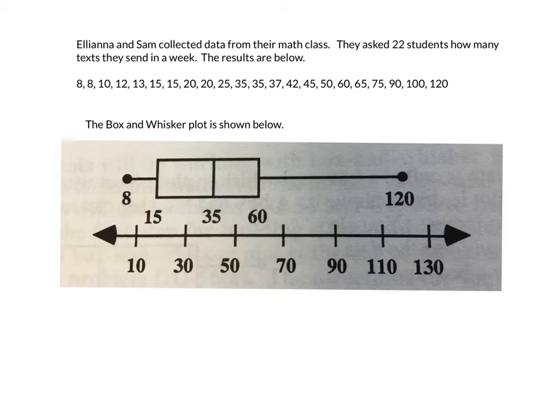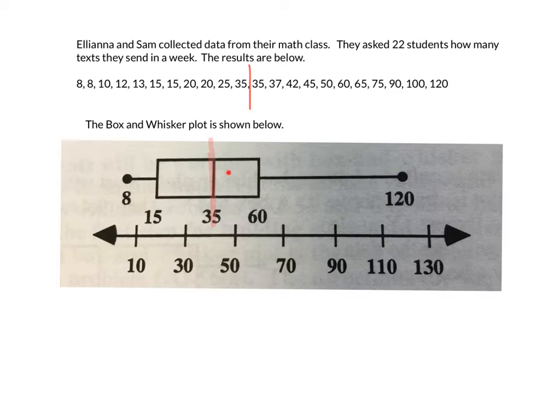If I were to put a line here in between my 35s, I have 11 numbers above it and 11 numbers below it. So that cuts it in half. That is my median, which is this right here. That's my median. So 11 of the numbers are below here and 11 of the numbers are above here.